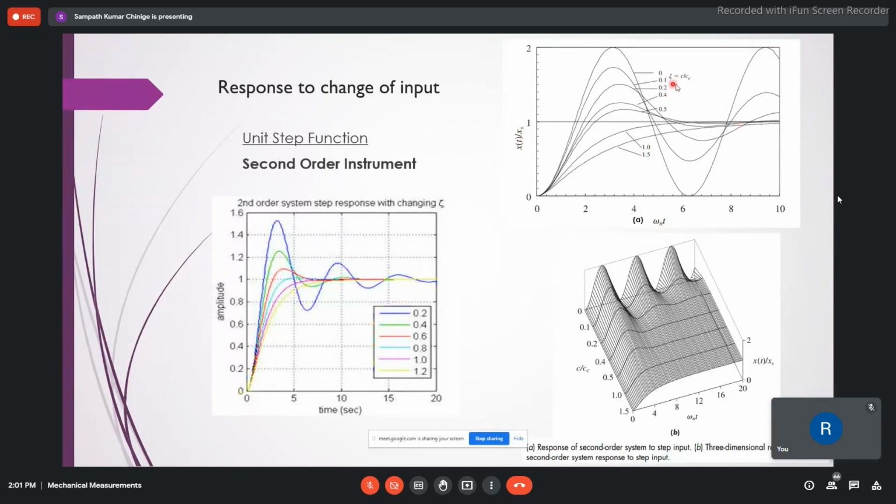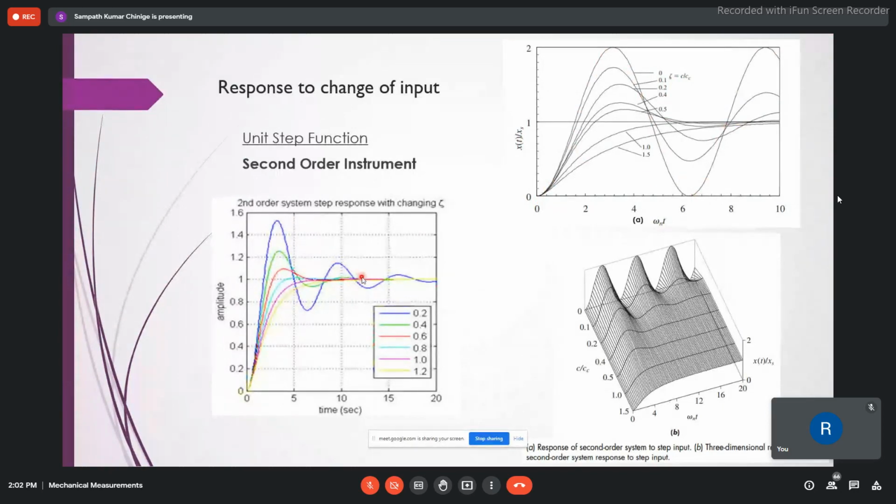When zeta is 0, that means an undamped system. We have given an input and the output starts like this, and then it keeps on oscillating, but never comes to a steady state.